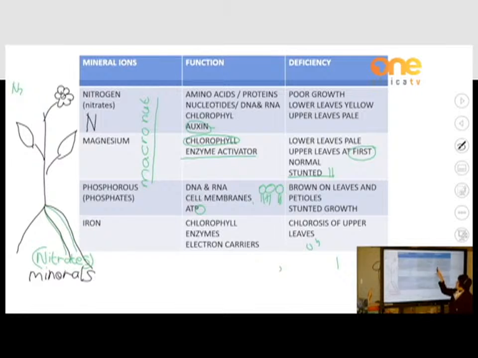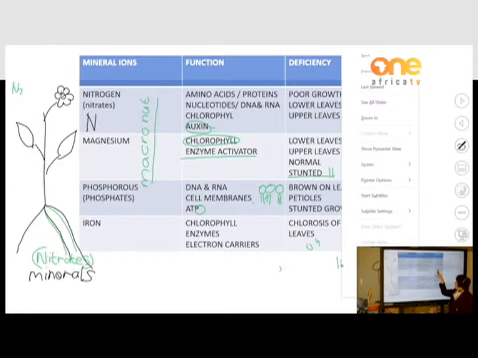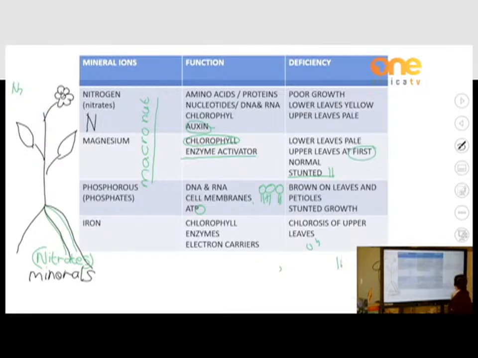Lower leaves pale, and also poor growth or stunted, short plants. Phosphorus, P: ATP, cell membrane, phospholipids. Okay, and DNA and RNA, brown colored leaves.